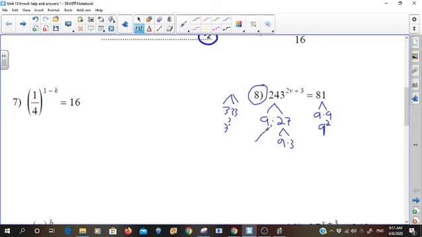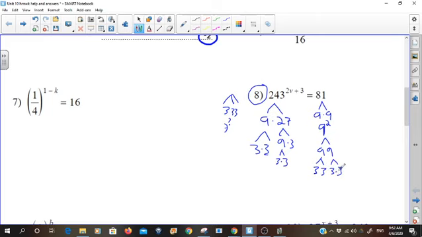Well, 9 factors into 3 times 3, and this 9 factors into 3 times 3, and so now we have a ton of 3's is what we're working on. This one, again, 9 squared factors into 9 times 9, and these 9's factor into 3 times 3 is 9, and this 3 times 3 is 9.